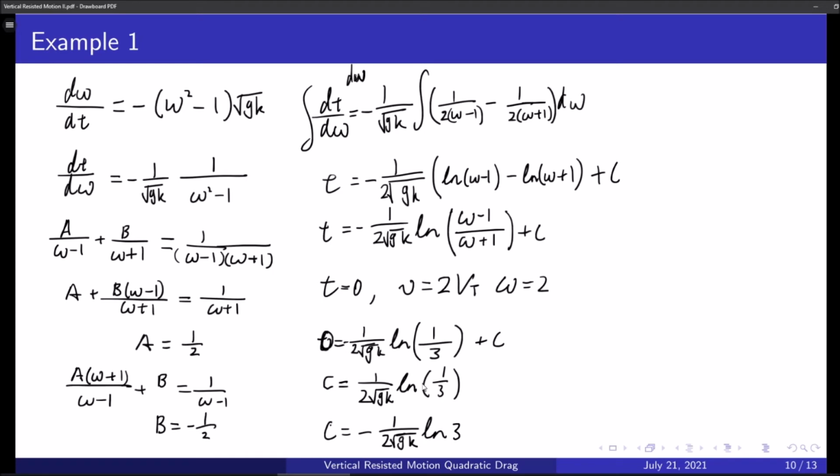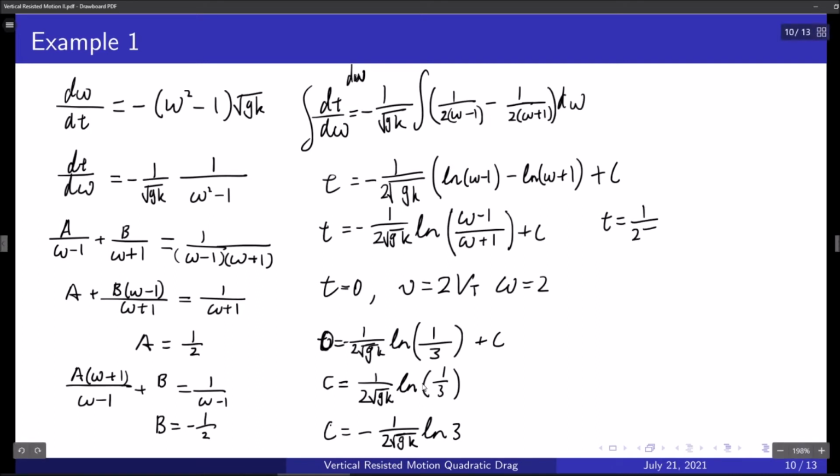Of course, we can just combine everything, and then we will end up with t equals, actually we can flip this as well.